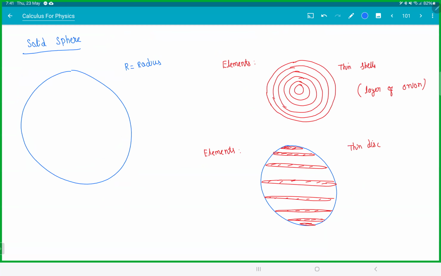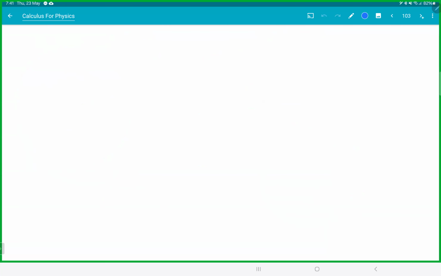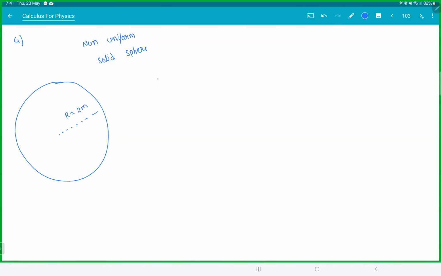Let's see a question on this. Non-uniform solid sphere. So we have a non-uniform solid sphere. The radius is 2 meters.